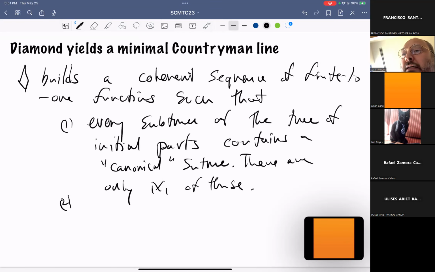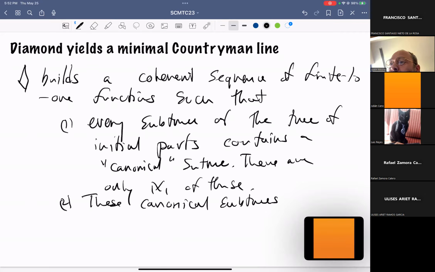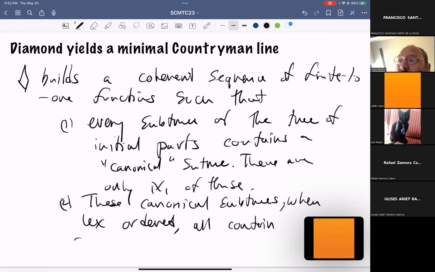And two is that these canonical subtrees all contain, when lex ordered, copies of the original linear order.